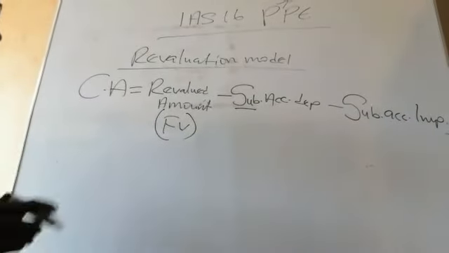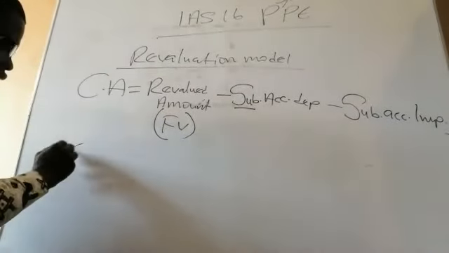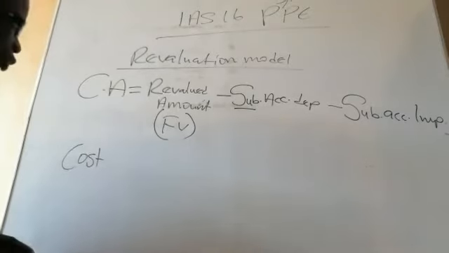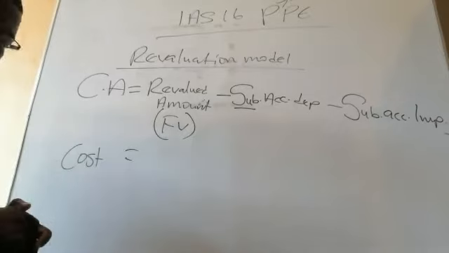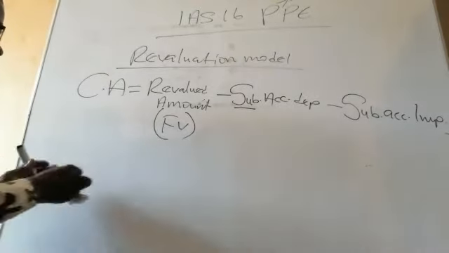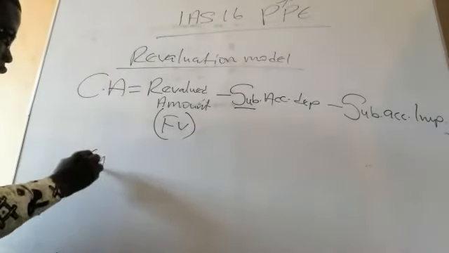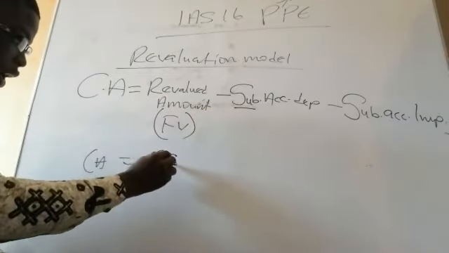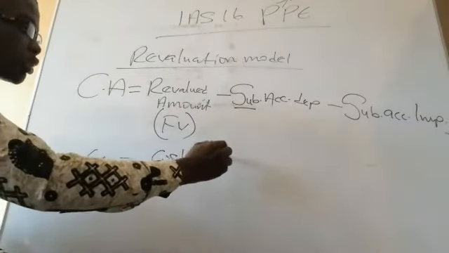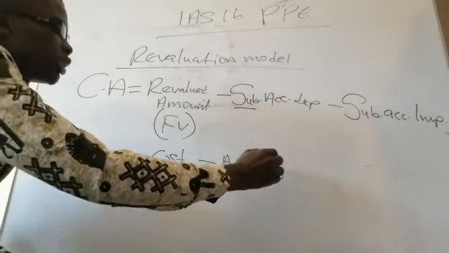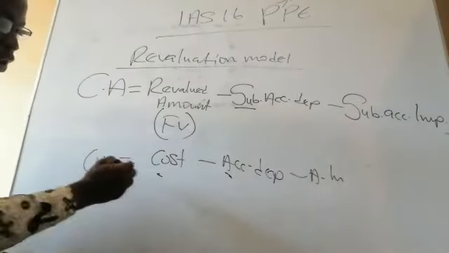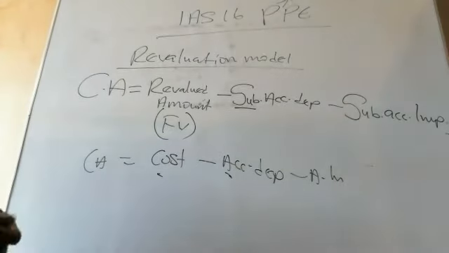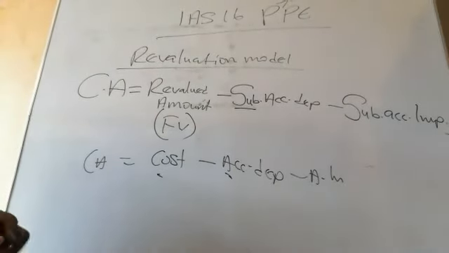Now the difference between the revaluation model and cost model can be clear. Under the cost model, we said that the current amount is equal to cost, less just accumulated depreciation, less just accumulated impairment. No subsequent, no fair value. So have you seen the difference? Good. Now revaluation model.